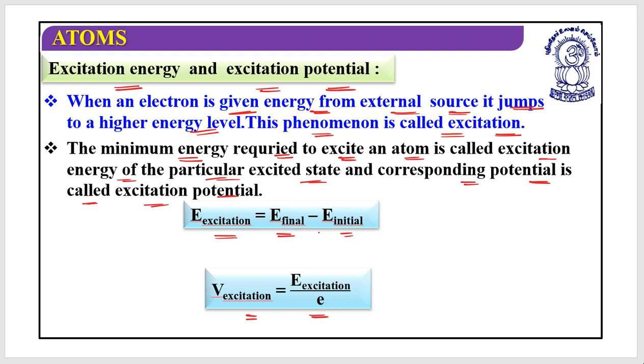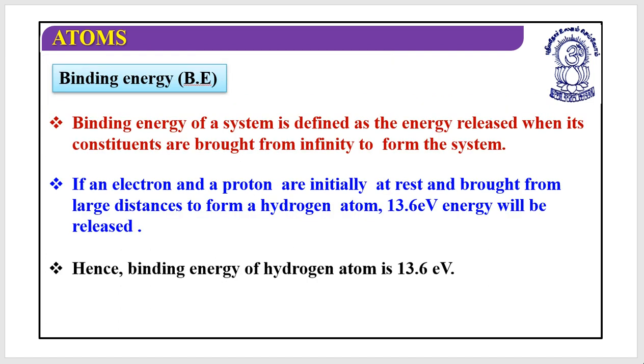Let's look at the binding energy, what it is. The binding energy of a system is defined as the energy released when its constituents are brought from infinity to form the system.